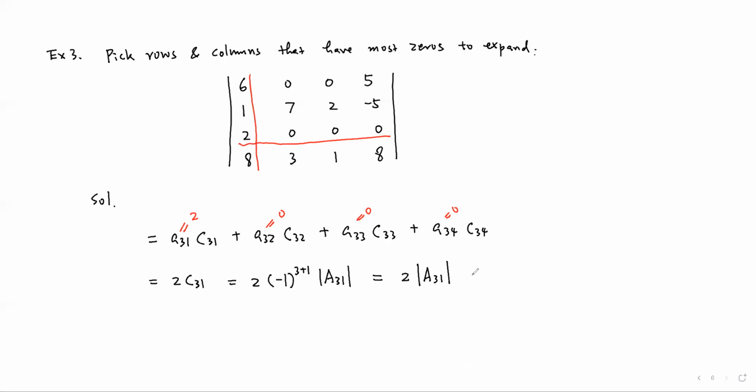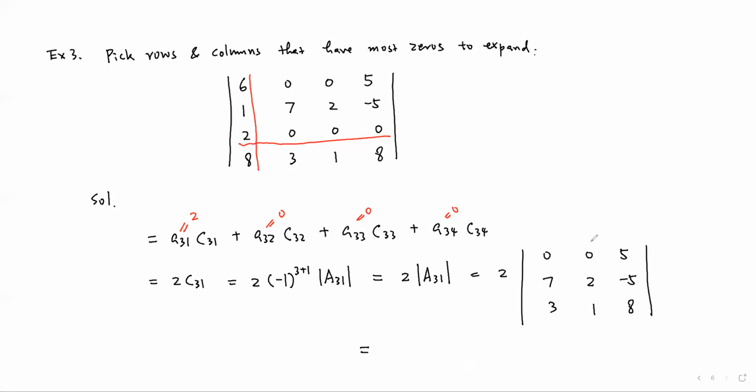Then capital A31 is 0 0 5, 7 2 -5. The third row is gone. So the fourth row, 3, 1, 8. And now we have a 3 by 3 determinant to compute.